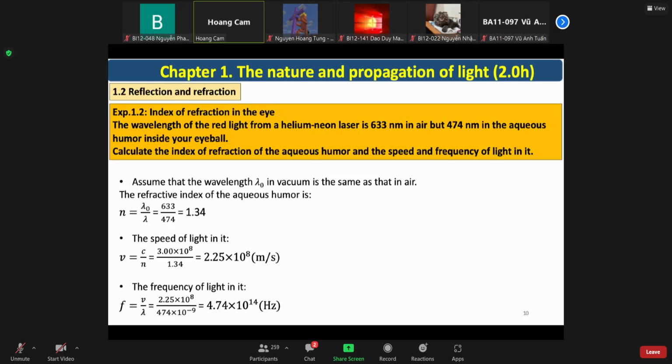Oh, I'm so sorry, I made a mistake. T equals 1 over F here. And when you remember the definition of the wavelength in this way, you can easily do the transformation between these different quantities, and then you can find this one.